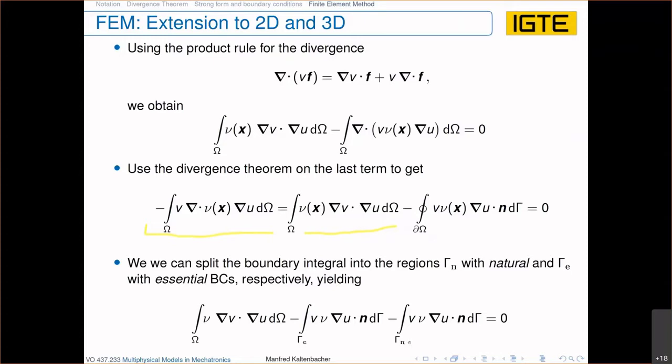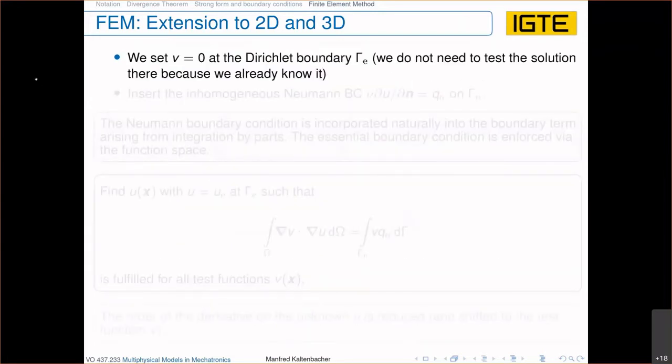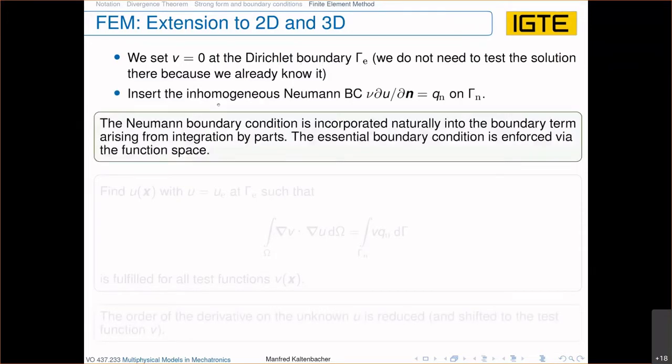Yeah, and here we have no problem to put in the prescribed flux as we have seen before, which means that the first part is that we set the test function to 0 at the Dirichlet boundary because we already know the physical quantity there, and we insert the inhomogeneous Neumann boundary condition, so we get this prescribed flux term Qn.